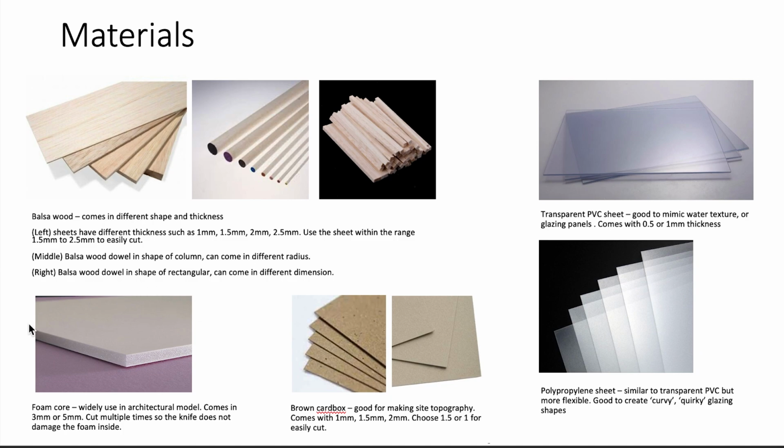Okay. So the next, apart from foam core and balsa wood, you can use brown card boxes. Brown card boxes sometimes can be used to make the models, but mostly used to make the topography of the site. It comes in different thicknesses, and at 1.5 to 1 millimeter, it's usually easy to cut. Transparent PVC sheet. I normally use this to mimic water texture or glazing panels. However, I figured out that the transparent sheet gets quite dirty when you put on your PVA glue.